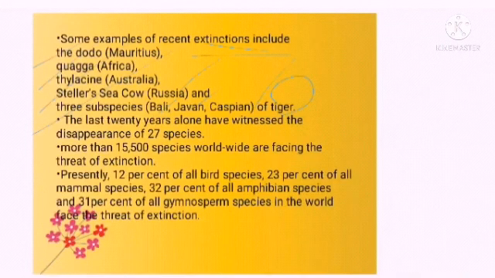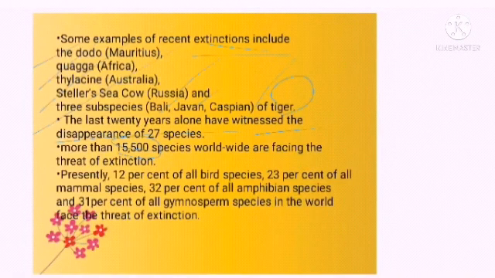And in the last 20 years alone, how many species have disappeared? 27 species have disappeared. So more than 15,500 species worldwide are facing a threat of extinction. Imagine, 15,500 are facing a threat of extinction. They may become extinct in the near future.